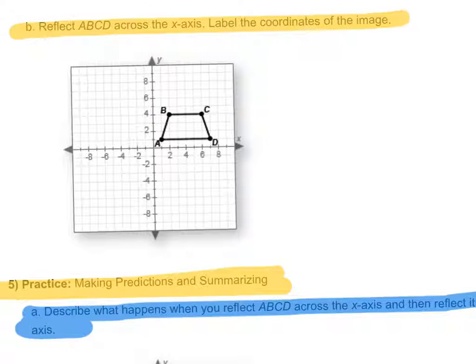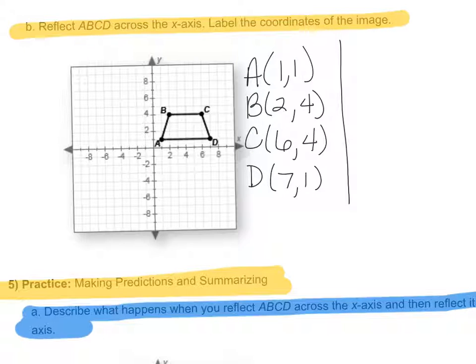Okay, so our next assignment, or our next question, asks us to reflect ABCD, that trapezoid, across the x-axis, and we're going to label the coordinates of the image. So the first thing I want to do is label the coordinates of my pre-image, which is given. So with the reflection being across the x-axis and the x-axis running horizontally, we would just flip everything across that red line.